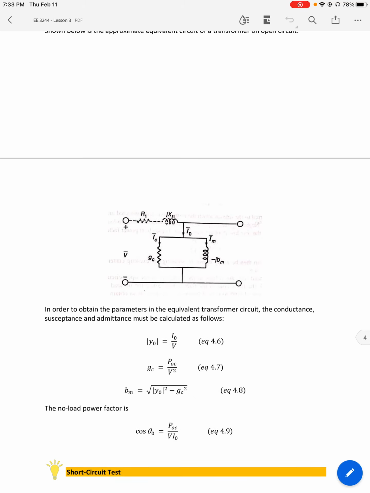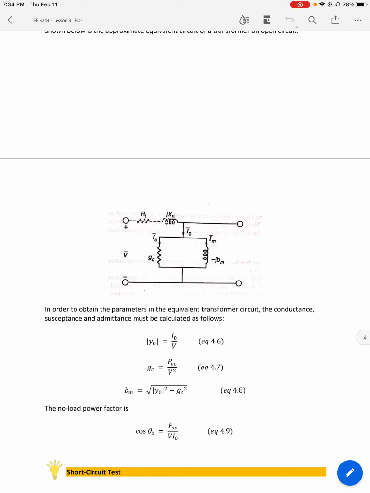So, isolve na to ang admittance by dividing the no load current I sub 0 divided by voltage, which is equation 4.6. Then equations 4.7 and 4.8 respectively shows the formula for solving the conductance GC, which is dividing the open circuit power or the core loss power by the square of the voltage.